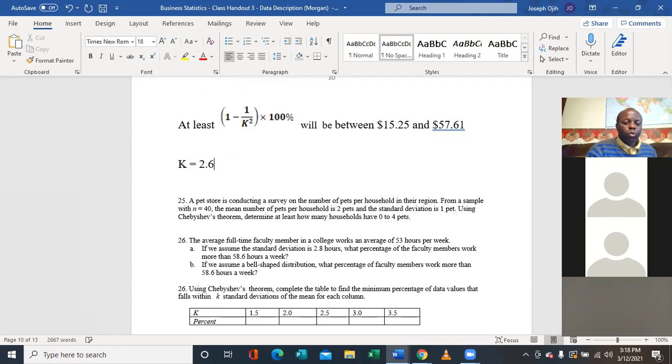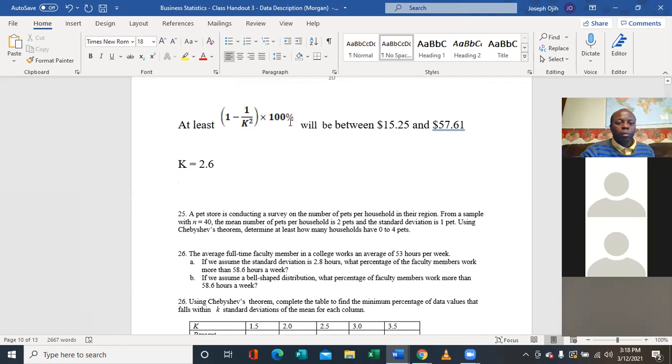This means that since we have K equals 2.6, we plug it into this formula. So at least we have 1 minus 1 over K squared, where K is 2.6, so 2.6 squared.